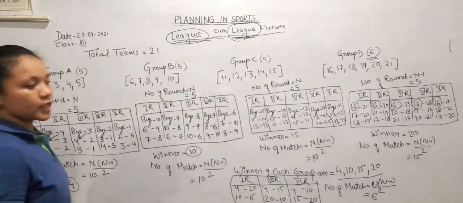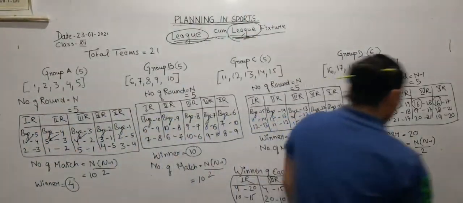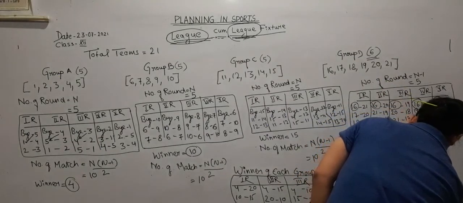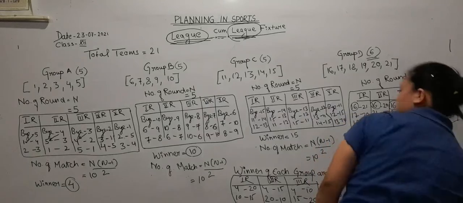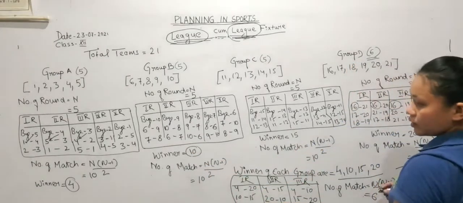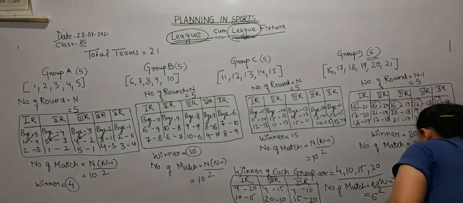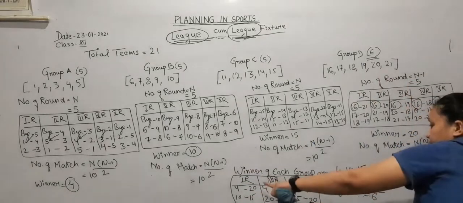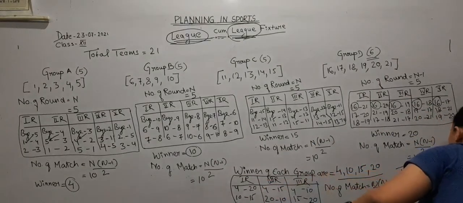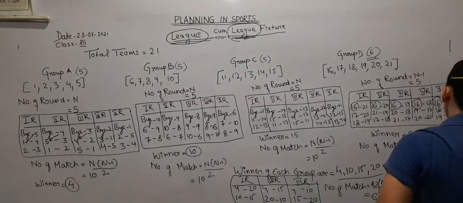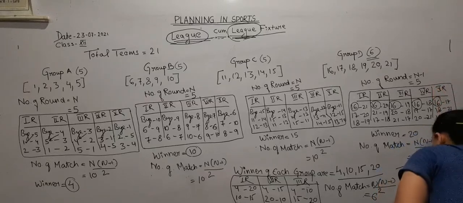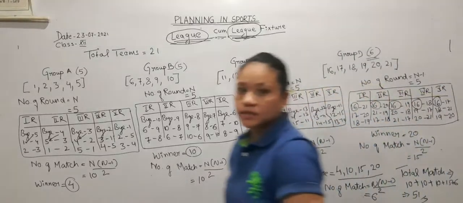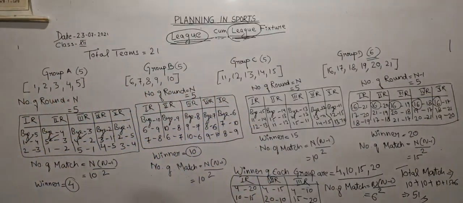So total match in this tournament: 10 plus 10 plus 10 plus 15 plus 6, total 51. This is the process to draw combined league fixtures.